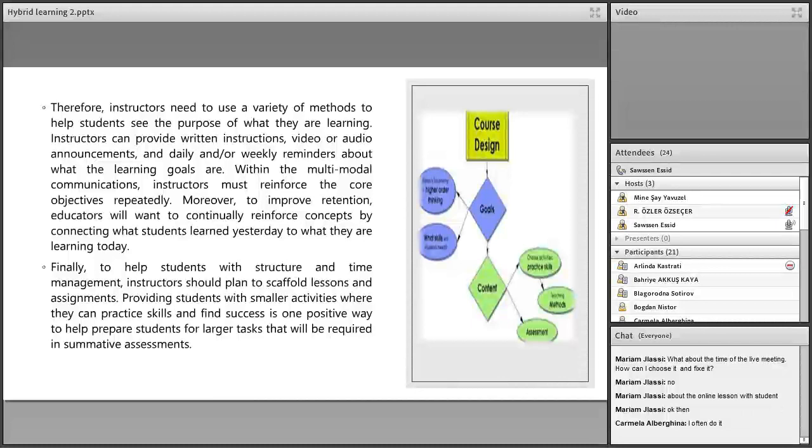So we need to practice, we need to train our learners to solve some small activities. Here we can help them improve their problem solving skills by assigning some small activities and then train them step by step to become proficient when they are encountering a more complicated task.